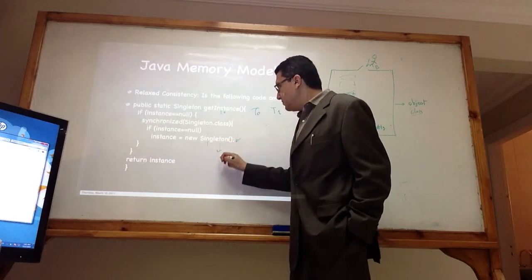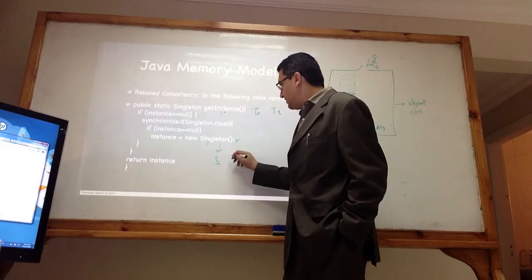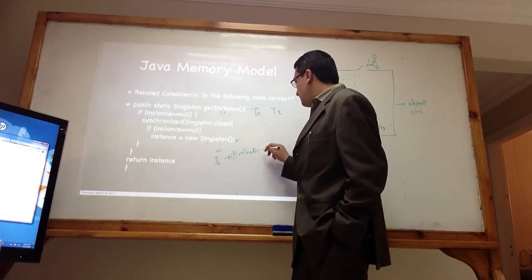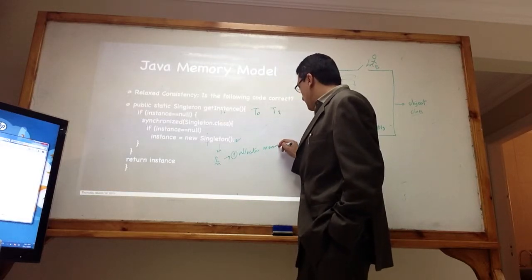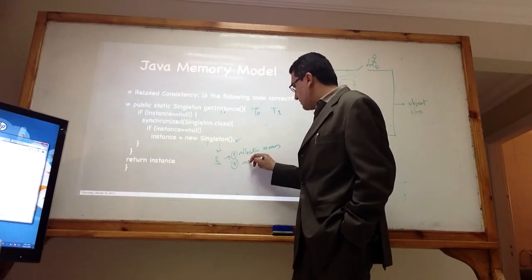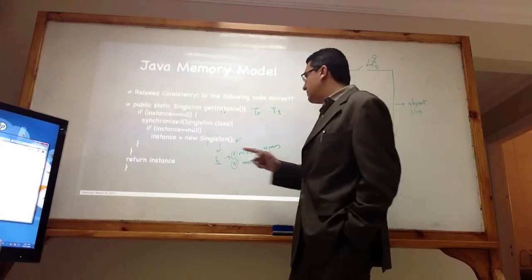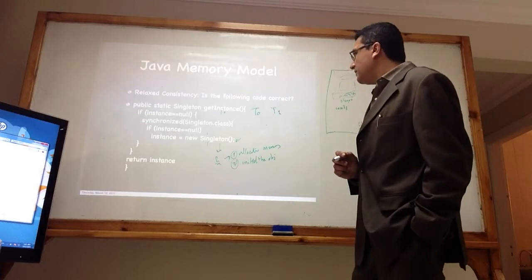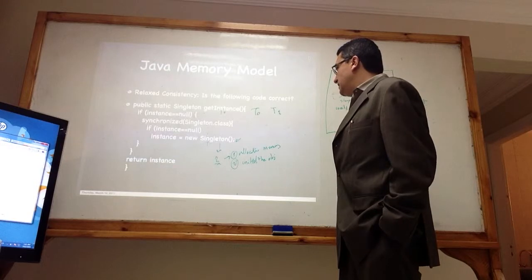Actually, what happens here is really three things. Maybe this is the low-level implementation. Number one, you allocate memory for the object. Number two, you initialize the object.